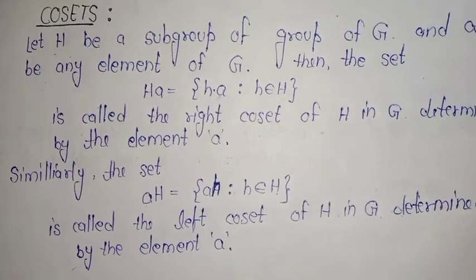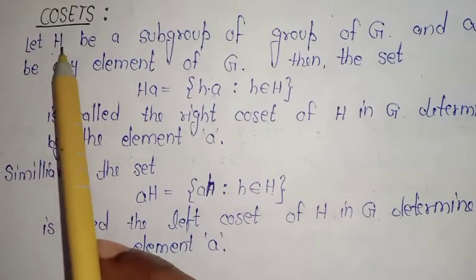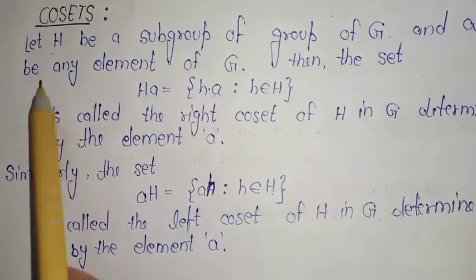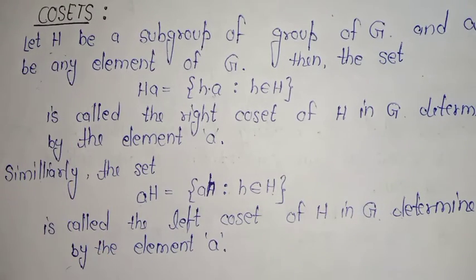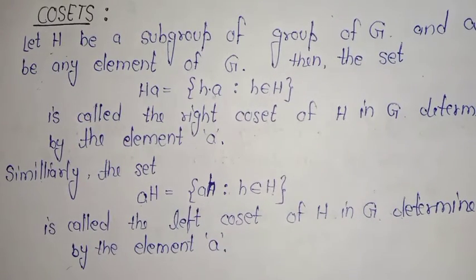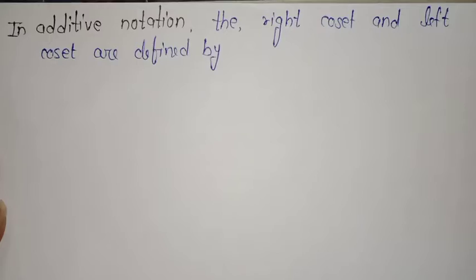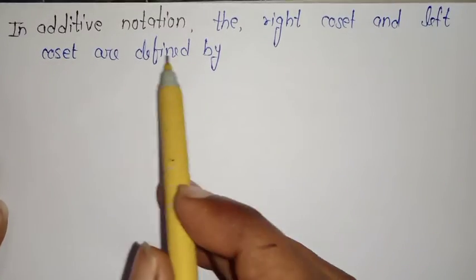So I hope you understand the definition of cosets. This definition applies when the group is a multiplicative group and H is a subgroup of group G. Now we discuss what the definition of coset is if the group is additive. So in additive notation, the right and left cosets are defined as follows.